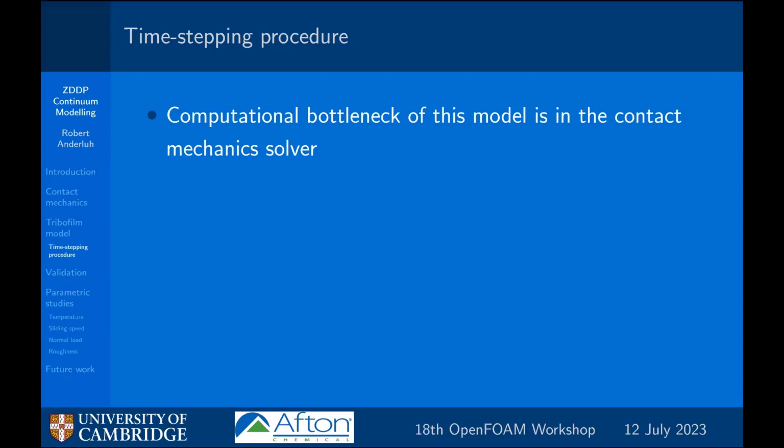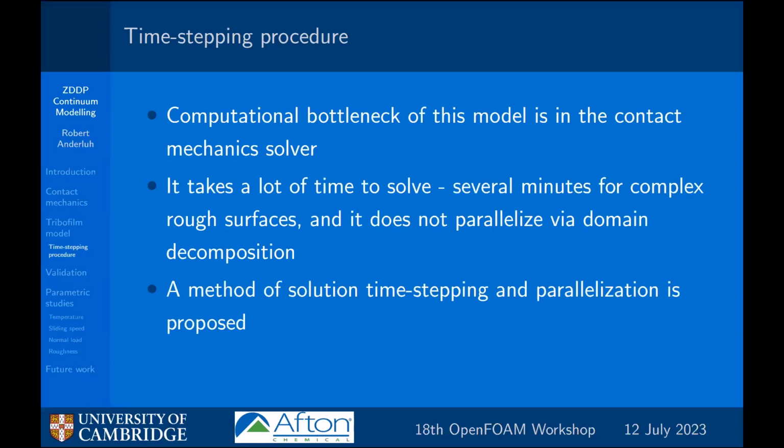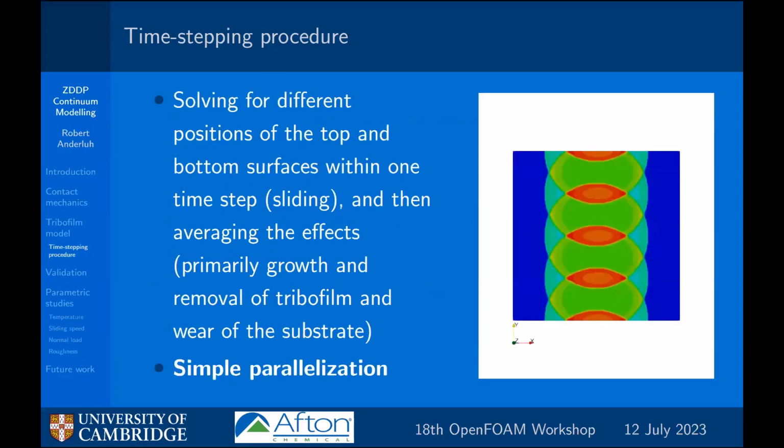I'm using a method to sequence this. The idea is to solve in several parallel positions, but then average out what is going on and what the individual ones experience. This is an example where you see 4 different parallel solutions, and you can average what's going on.